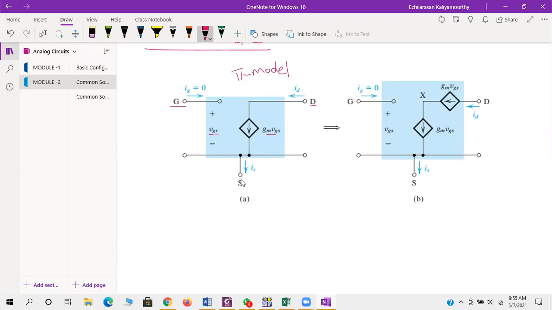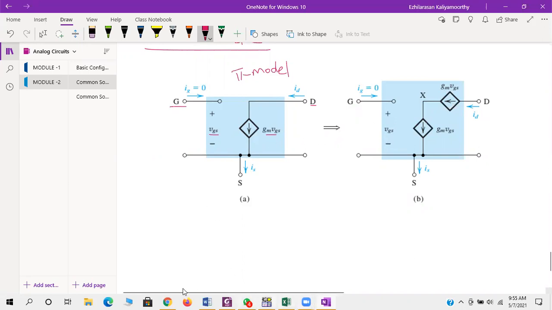So we'll have gm VGS. Now how are we drawing here? See, the drain current is there, right? So this place is just ID, the same current ID only. The same current is flowing, so we took one more current here. See, gm VGS, the current is flowing through this. We just drew the equivalent like that.